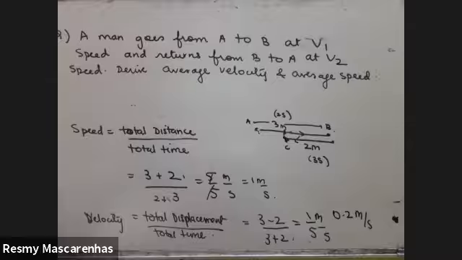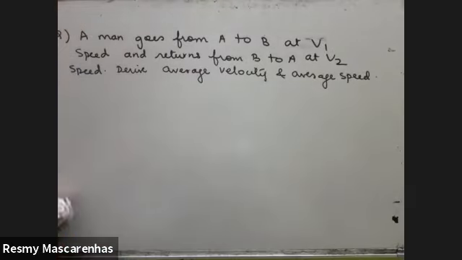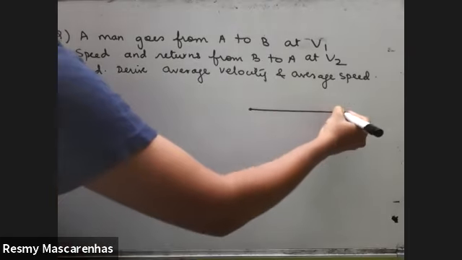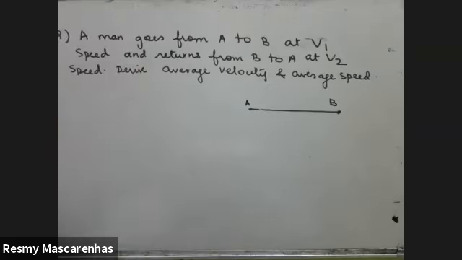So we'll be deriving a general formula here. I'm trying to help you understand the difference between velocity and speed. He is going from A to B. Now speed is given, nothing else.